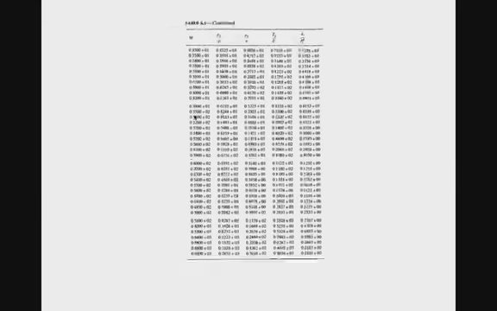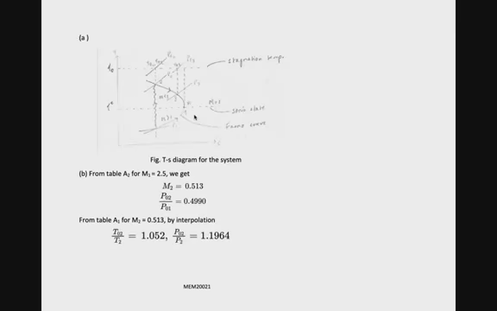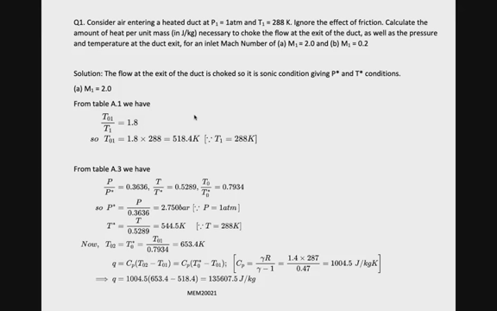So from table A3 we have P by P star, which is equal to 0.3626, and T by T star, which is equal to 0.52, and stagnation temperature by stagnation temperature star reference is equal to 0.7934.